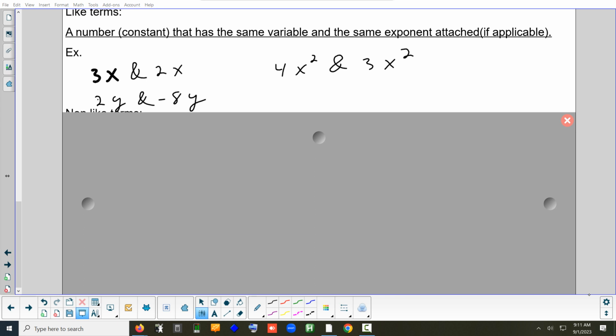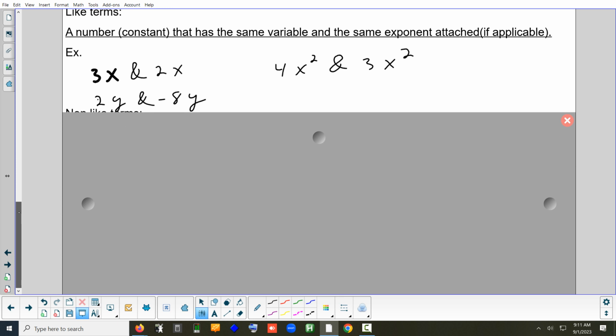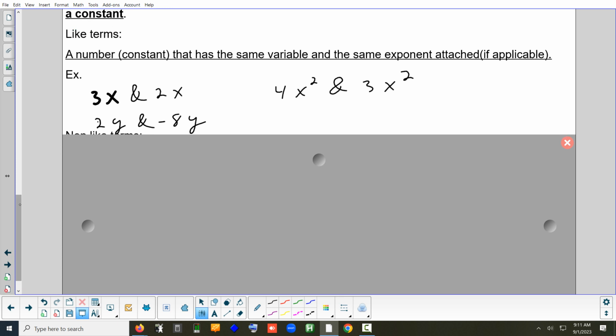Okay, so yesterday we left off, we were almost all the way done with the first survival guided notes, and we ended talking about like terms. Remember, like terms are terms that look similar. They have the same letter, and if there's an exponent, the exponent has to be the same as well.